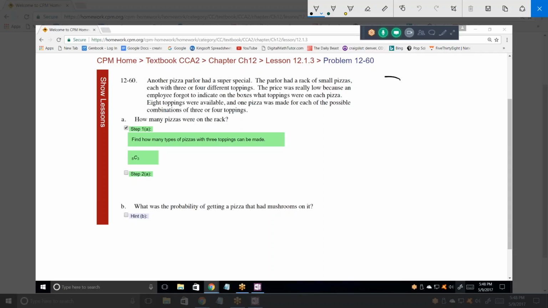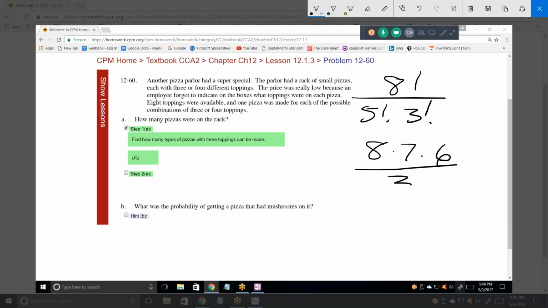So we got 8 factorial divided by 5 factorial, 3 factorial. So we got 8 times 7 times 6 divided by 3 times 2. Okay, so you're right, 56.